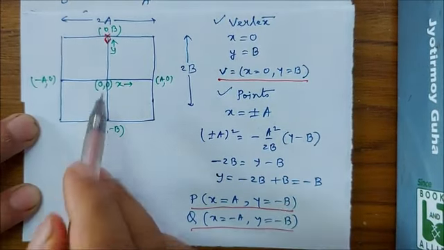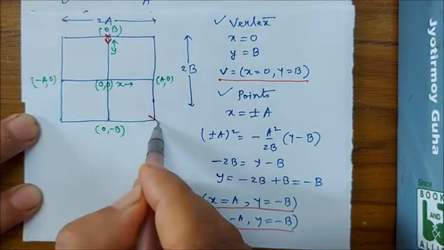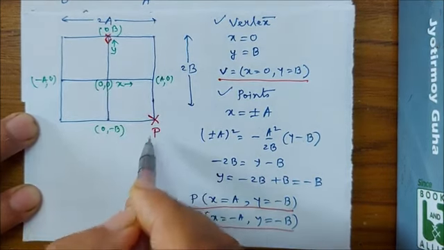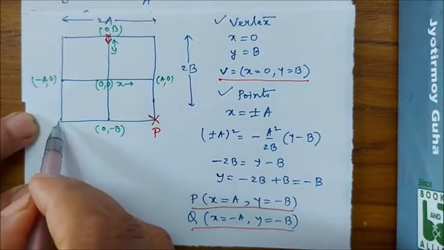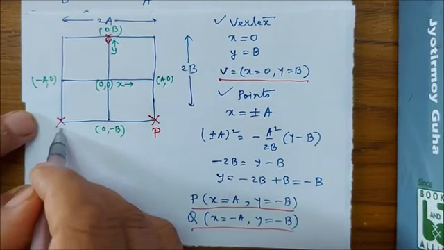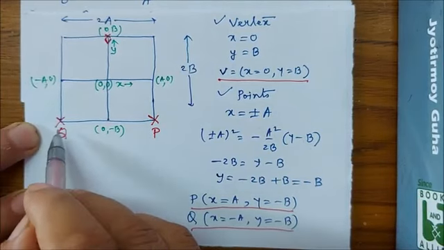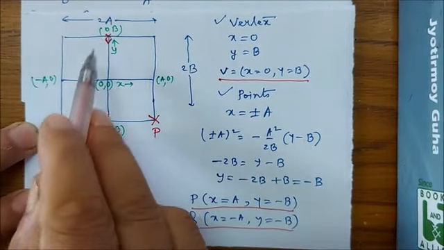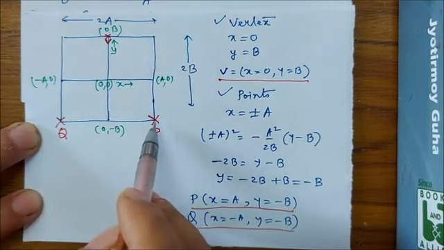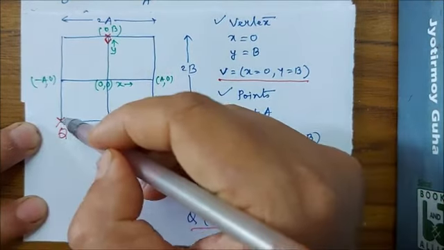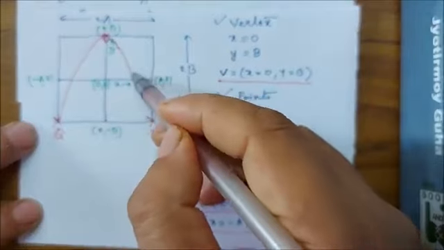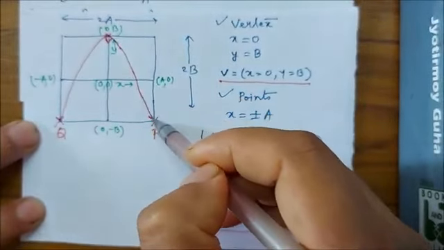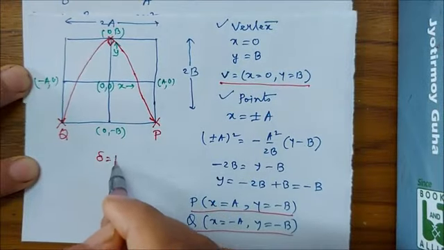And a minus b is this point, which is say P, and minus a minus b is this point, say Q. So the pattern passes through these crosses and it is a parabola, and let us draw it. And this is for delta equal to pi.